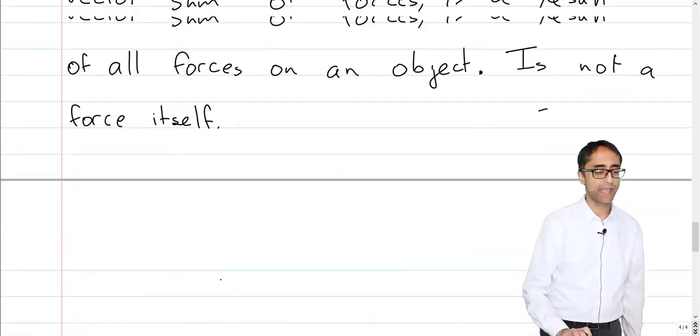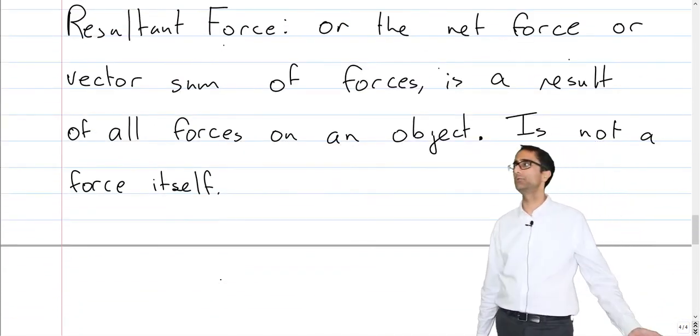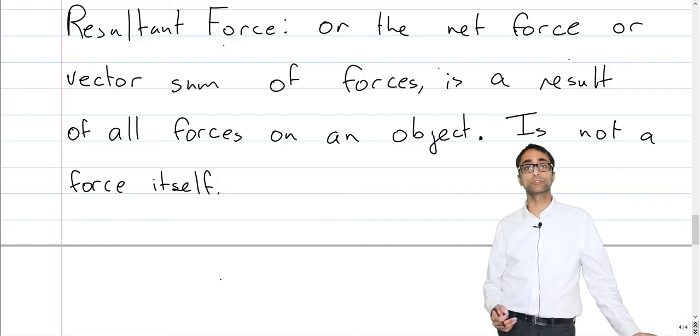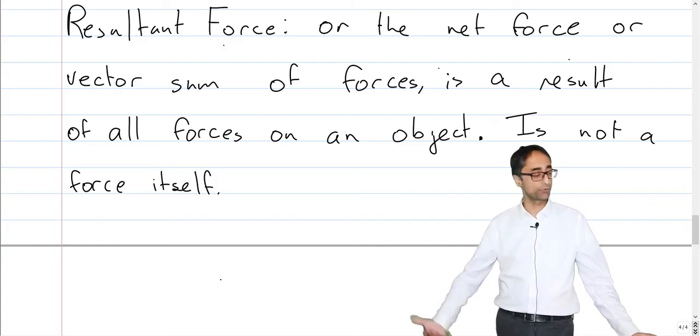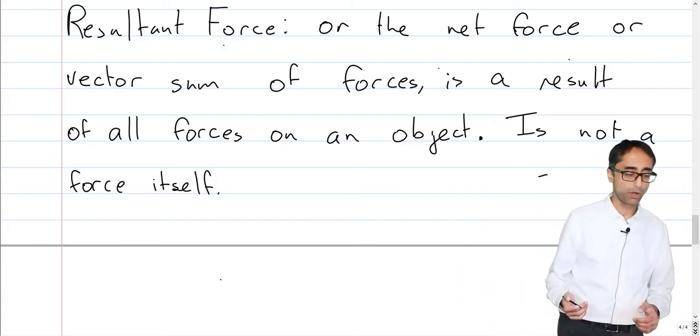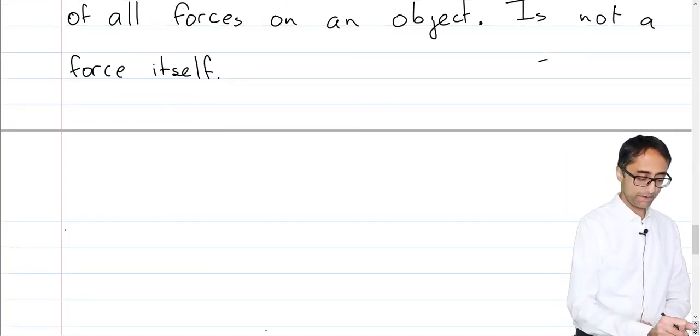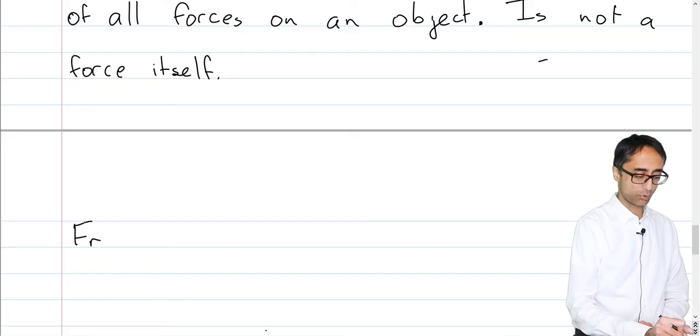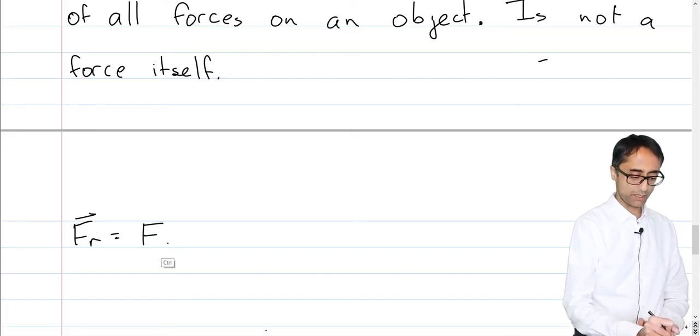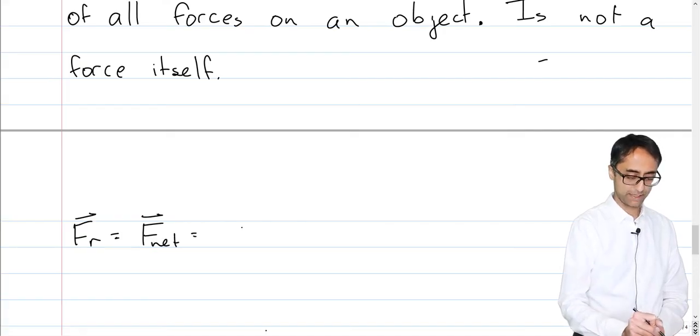And so this equation F equals ma is not used for individual forces. It's only used for the net force, the resultant force, when we add up all of those other forces. So how do we add up those forces? Well, they're vectors, and so we have to add them up vectorially. The resultant force, or the net force, you might also see it as the sum of forces, written like this.